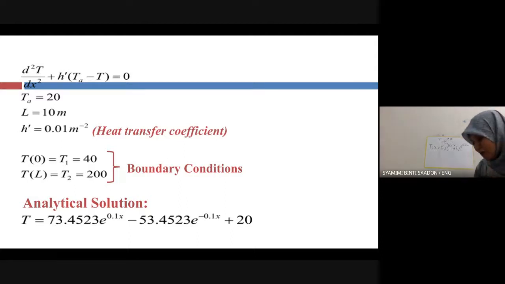Okay, I give one minute because I won't give too much time. I won't concentrate a lot on the analytic solution, because we are going to focus more on the shooting method.